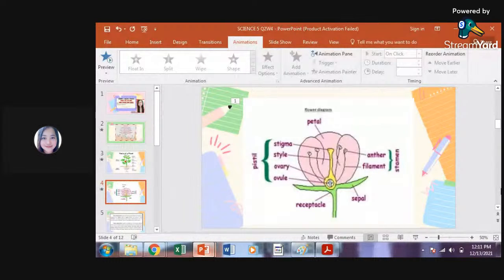The first one is the petal or the petals. Petals form the most obvious part of a flower. A group of petals is called corolla.